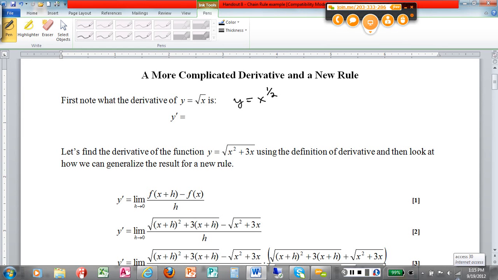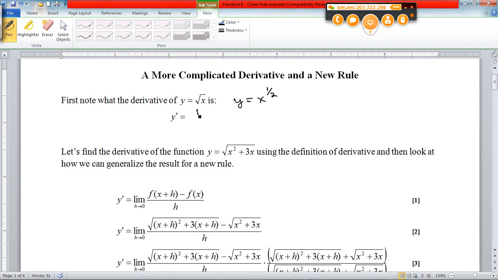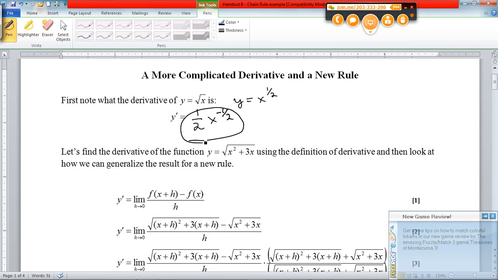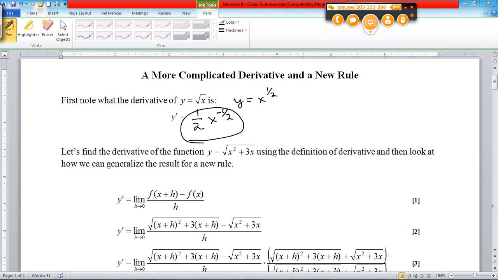So that would be what derivative? 1/2, bring down the power, x to the new power would be minus 1/2, because you subtract 1. Okay, so remember that right there. If you've got the square root of x, the derivative is 1/2 x to the minus 1/2.